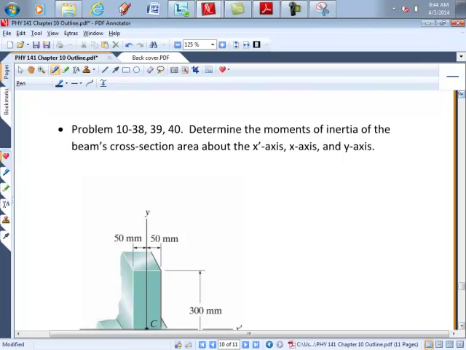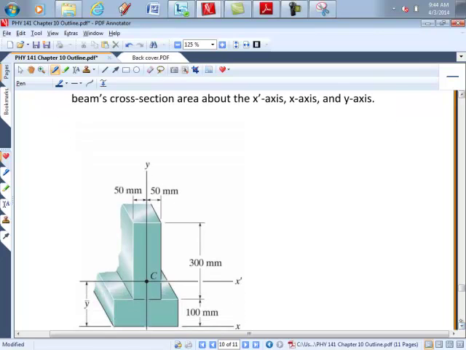So the x prime axis is going to go through the centroid as shown. So if I want to find the moment of inertia about the x prime axis, I need to find out what this value of y bar is first. So that's going to be my first step.